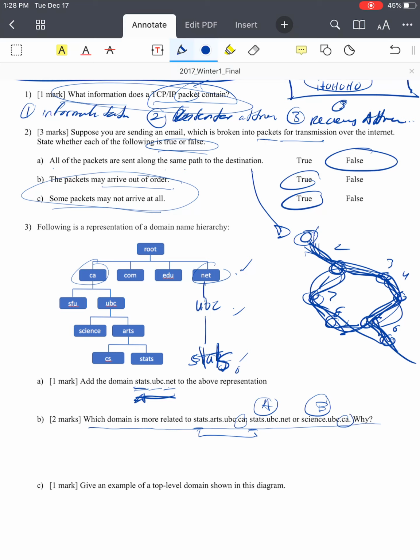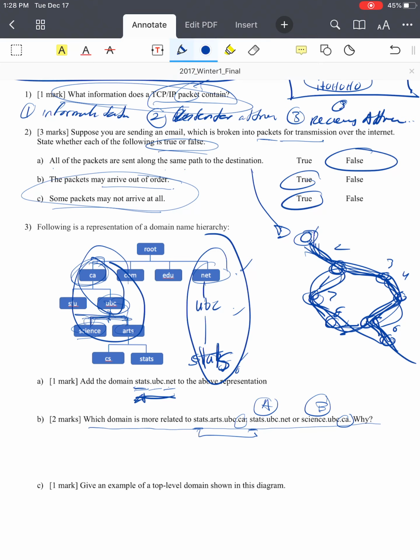The top level domain is CA. Both have CA and both have ubc.ca. And they split here. Science and arts share the same node. So for me, it has more in common with this hierarchy than with that one. So that's how I got to that realization.